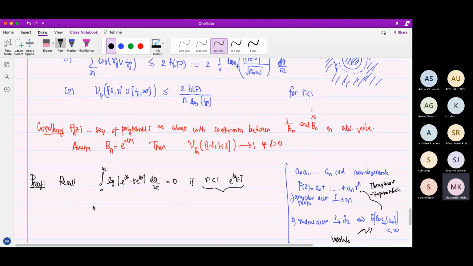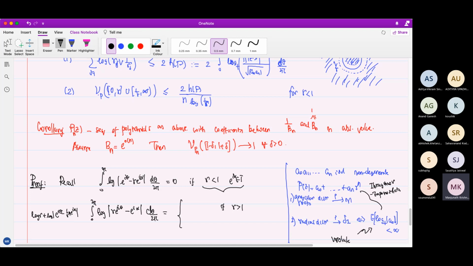As a corollary, let's look at the integral from 0 to 2 pi of log of, let's write it in a slightly different way, r e to the i theta minus e to the i alpha, d theta over 2 pi. What happens if r is bigger than 1? Let's pull a log r out. Write it as log r plus log of e to the i theta minus 1 over r e to the i alpha.